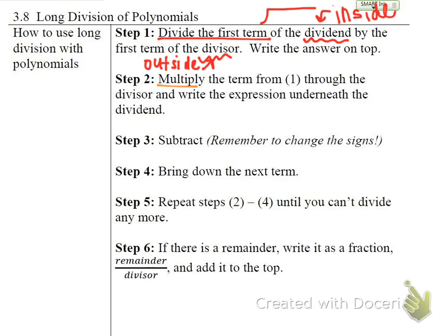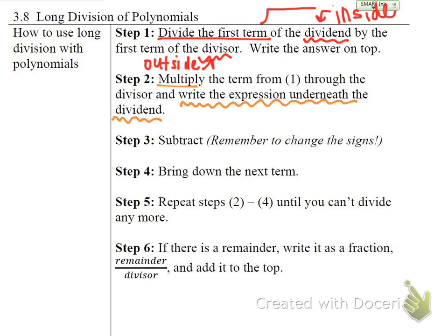That's a big deal, okay? So make sure it's through the entire divisor, and you're going to write the expression underneath the dividend, just like long division.